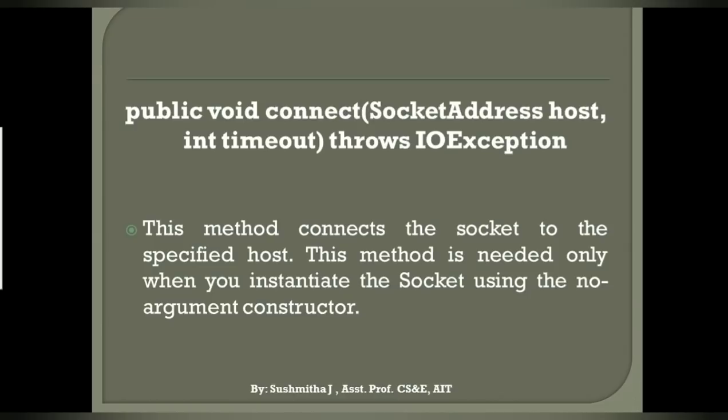That is, if at the time of the creation of the socket at the client side the IP address and the port are not mentioned, then we will be using the connect, which specifies the host address and is able to initiate the connection.